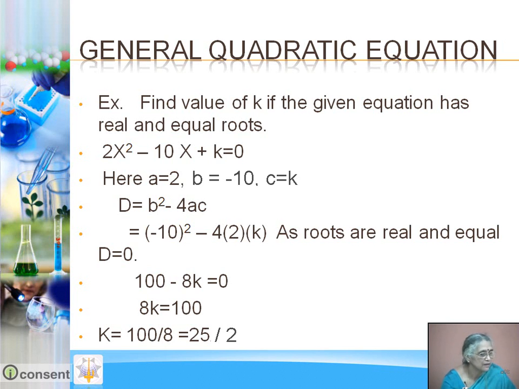Now when you substitute values, minus 10 square minus 4 into 2 into k, that gives you 100 minus 8k. But you are given roots are equal and real. So we equate this to 0. So 100 minus 8k is equal to 0. Simplifying this, you can write k is equal to 25 upon 2.